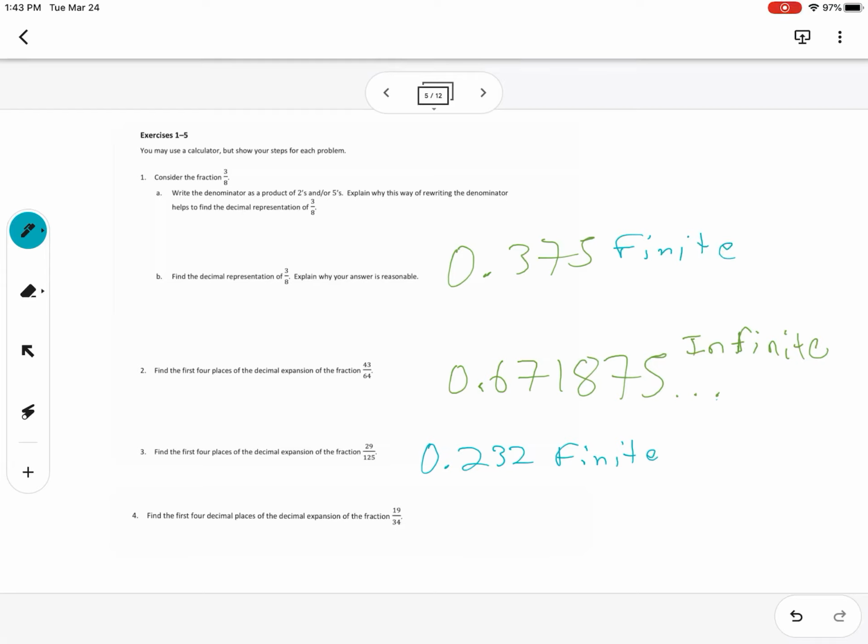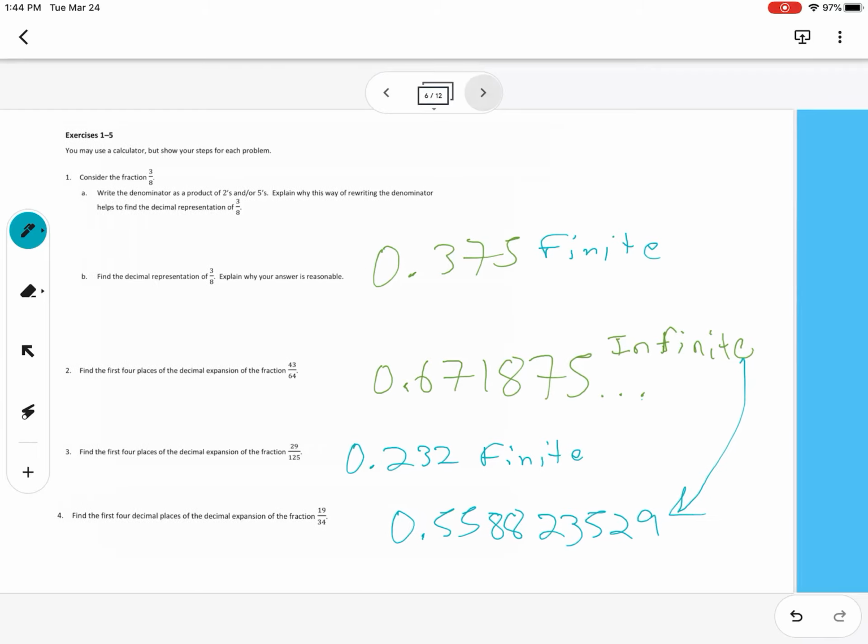And then finally, 19 divided by 34. Again, really long number, arrow on my calculator indicating, and I'll go ahead and write all the digits I see real quick. This is a non-terminating, a non-stopping number, so it is also infinite.